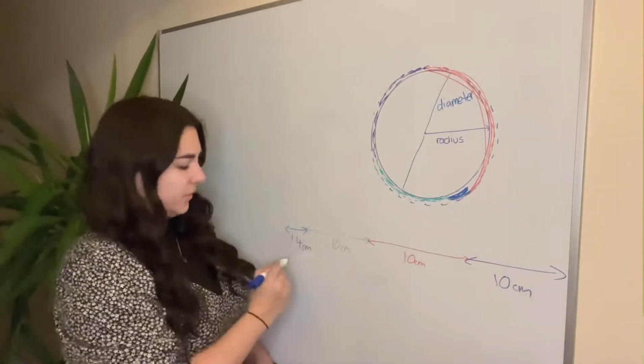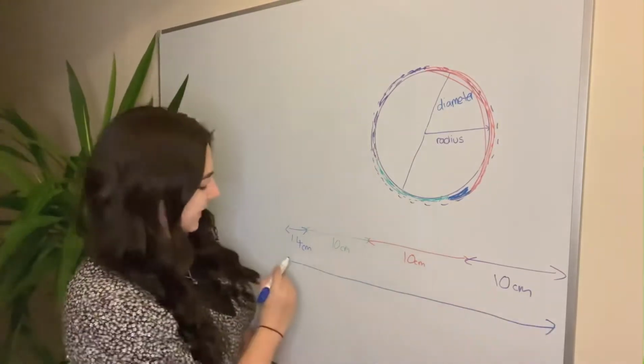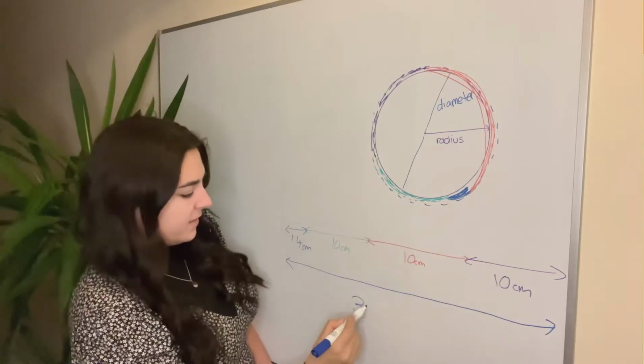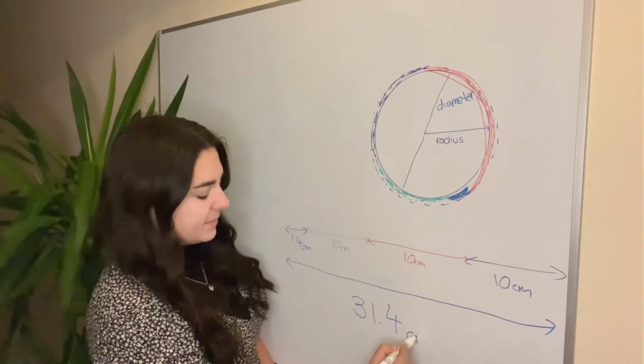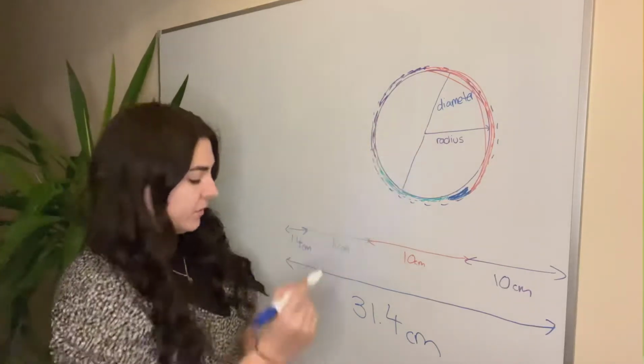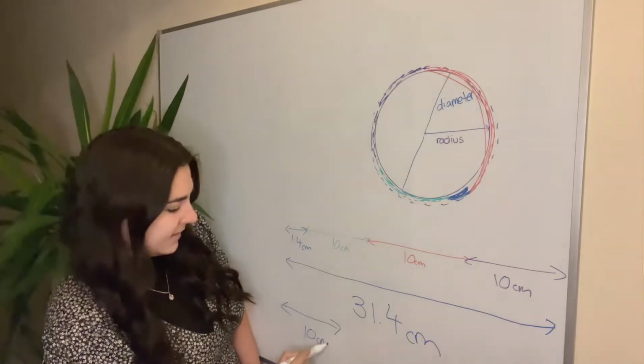So in total, if I laid that all out, the circumference of my circle would be 10 plus 10 plus 10 plus 1.4, which would be 31.4 centimeters. What was my diameter originally? I said that my diameter was 10 centimeters.